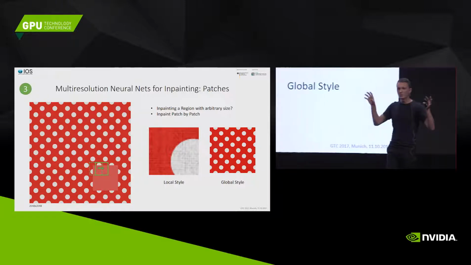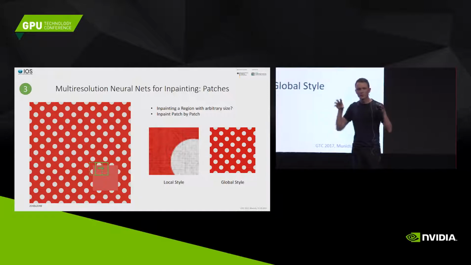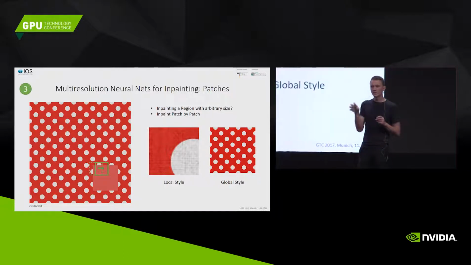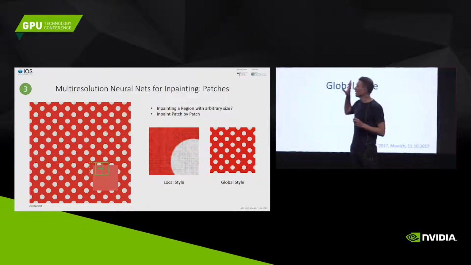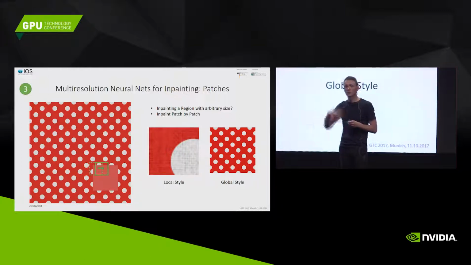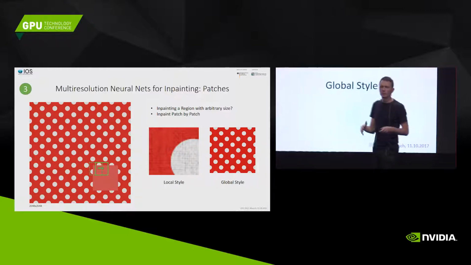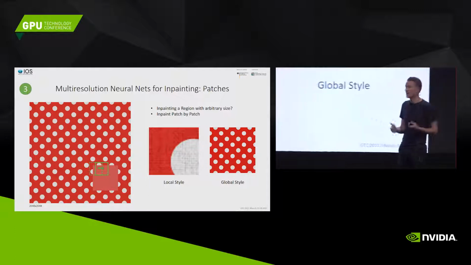So we have multiple networks with multiple resolutions looking at our healthy texture and then optimizing the defect region so that the synthesis really reconstructs what should be there, so to repair the defect in the end.